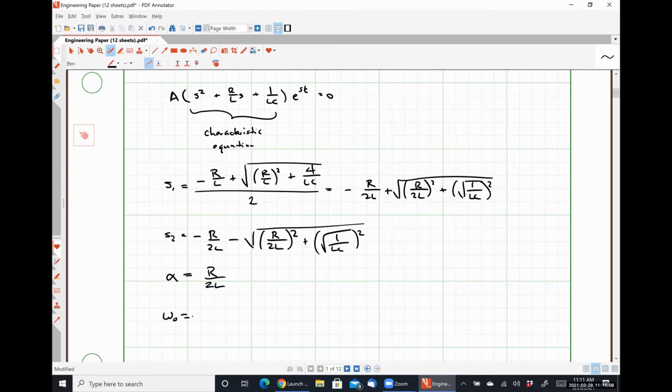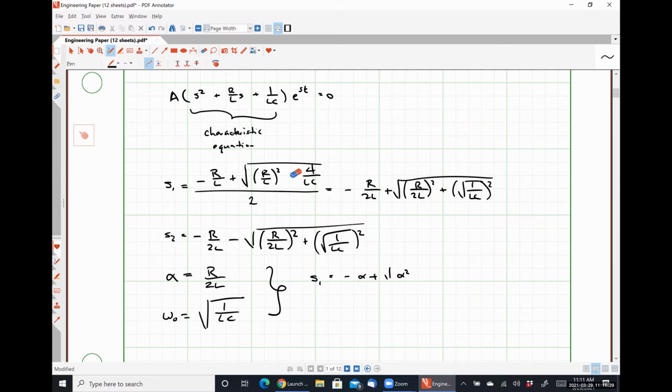Omega naught, the resonant frequency, is the square root of 1 over LC. And we can use these to find that S1 is negative alpha plus the square root of alpha squared.